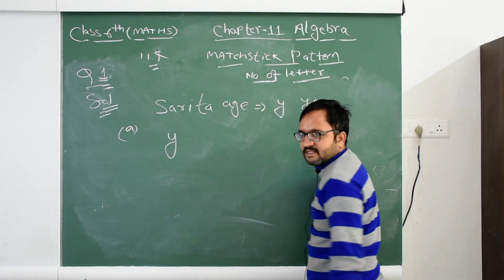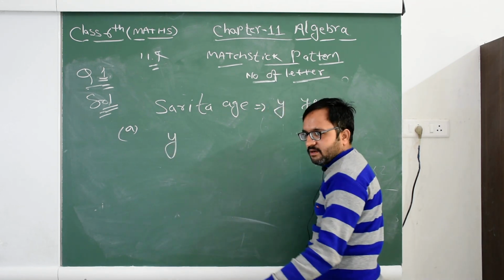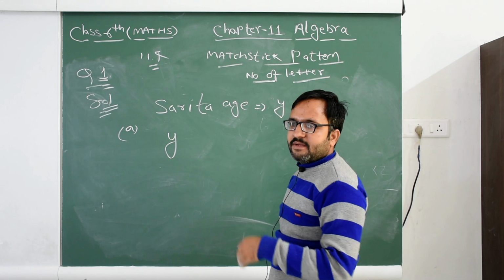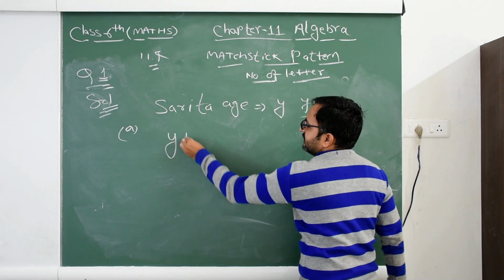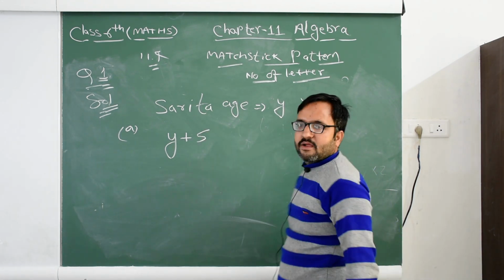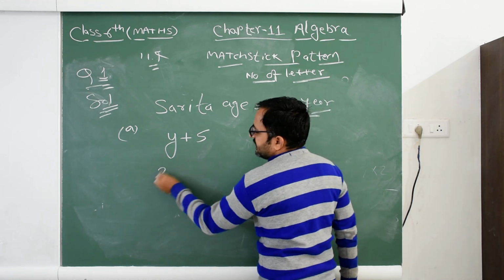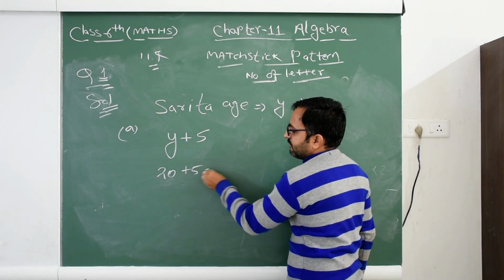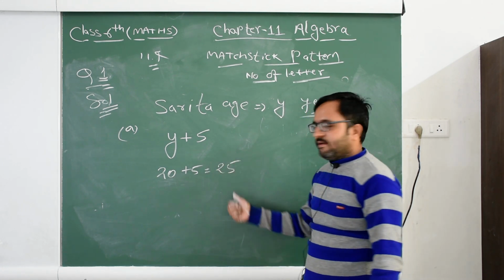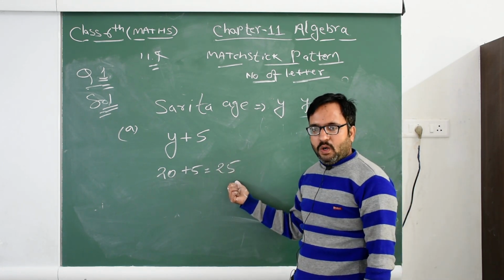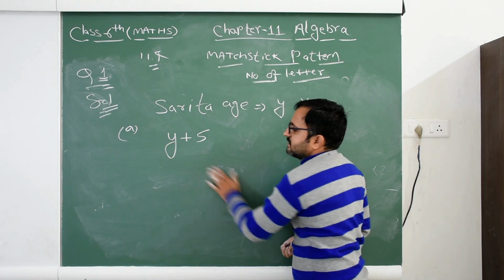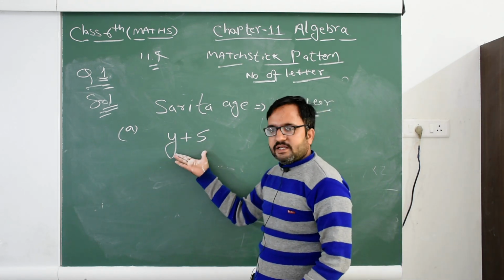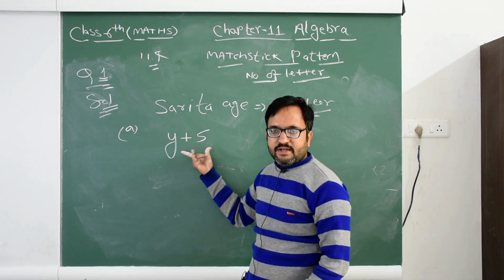Today Sarita's age is y, but 5 years later, that means plus 5. Suppose today Sarita is 20 years, and after 5 years she will be 25 years old. So this is the age of Sarita after 5 years.